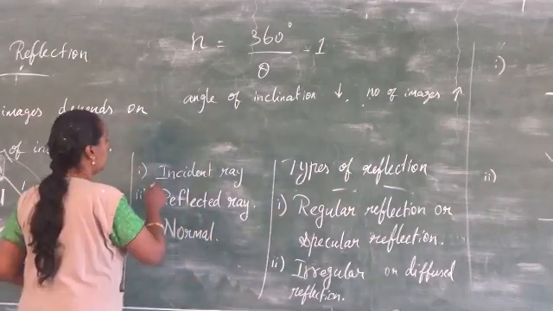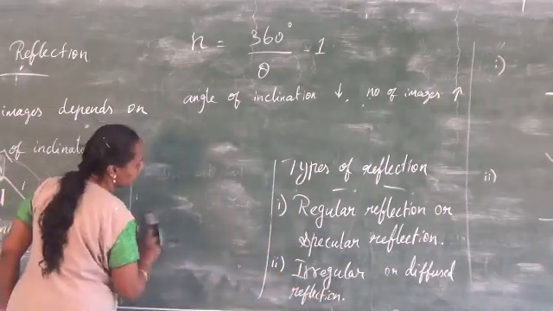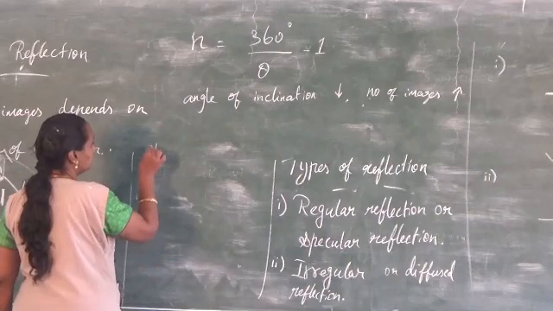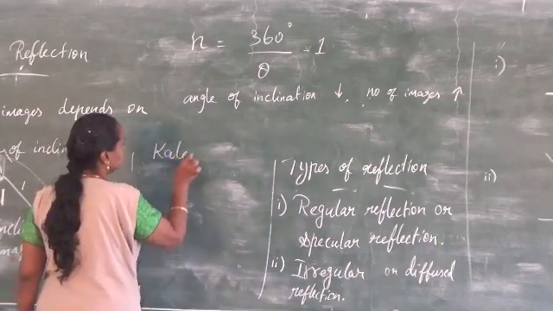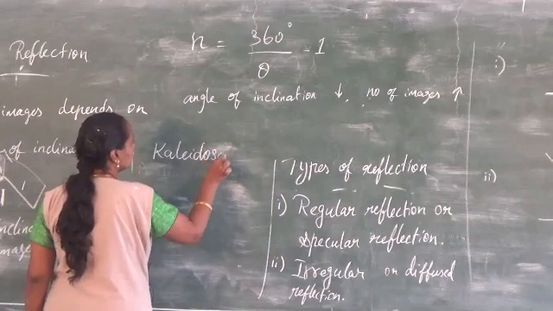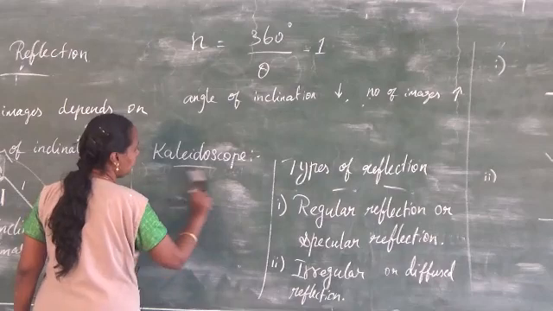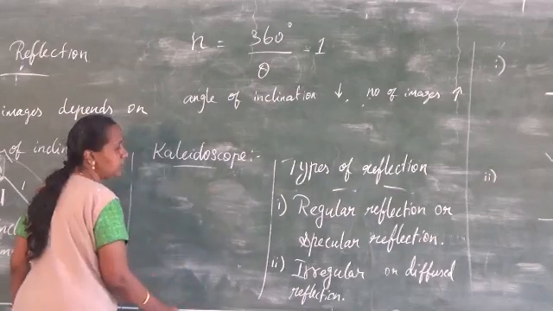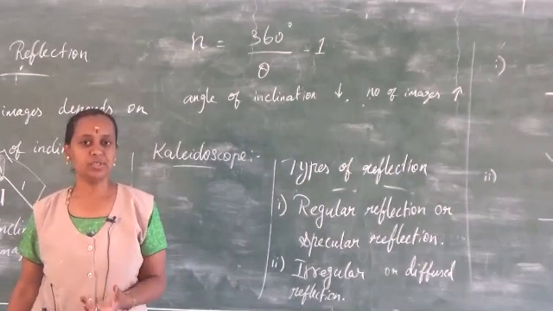First one we are going to learn about is the kaleidoscope. Only the name is difficult, but it is a very simple instrument which is used as a toy for children.